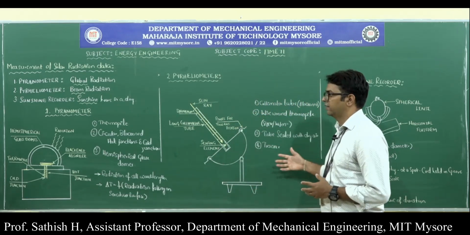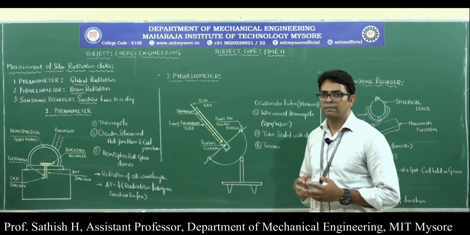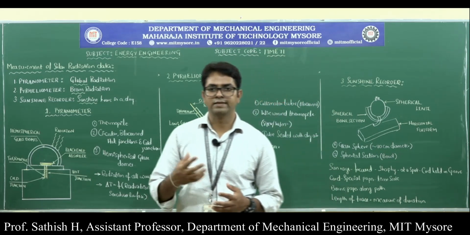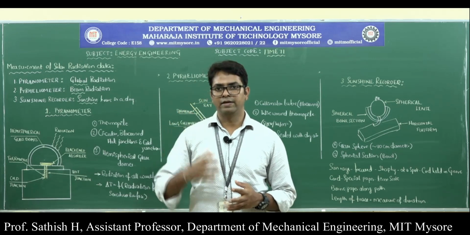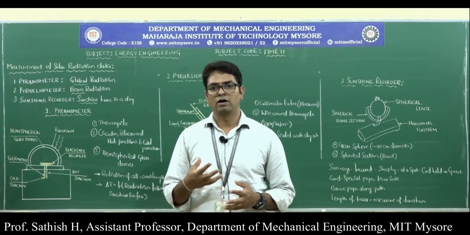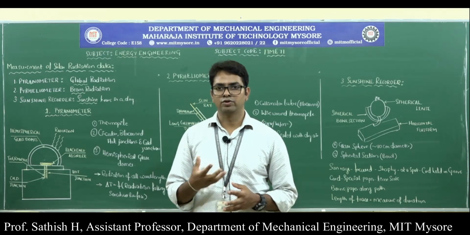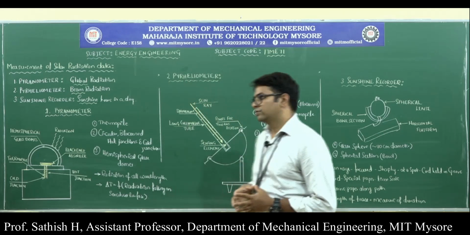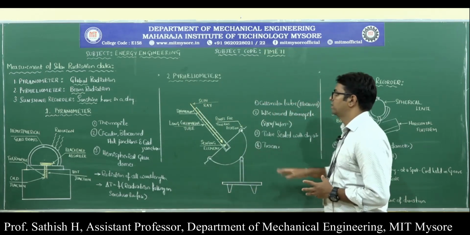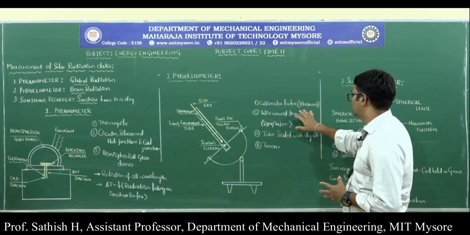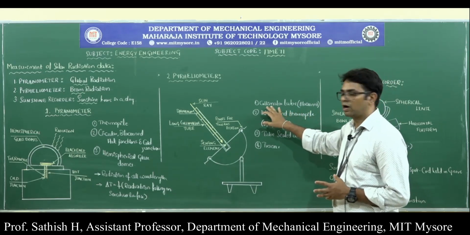As I was explaining before, the pyrheliometer is used to measure the beam radiation, only a single beam of radiation from the sun, using a long and narrow tube called a collimator tube. Coming to the construction of the pyrheliometer, it consists of a blackened collimator tube.